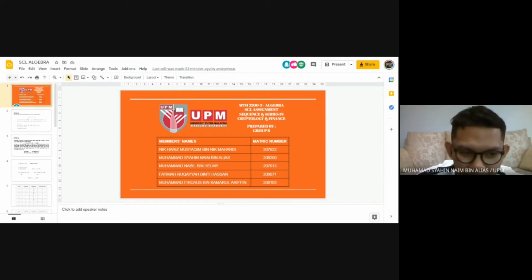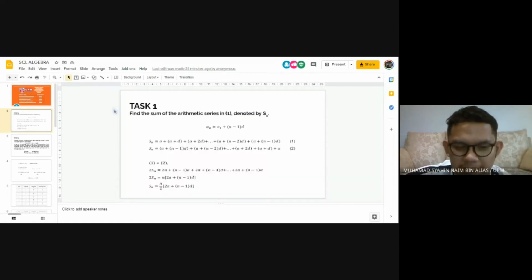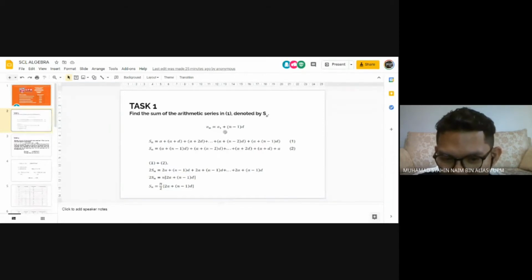So I will explain about task 1 and task 2 first. For task 1, find the sum of the arithmetic series, which is an equal to a1 plus (n minus 1)d, denoted by Sn.